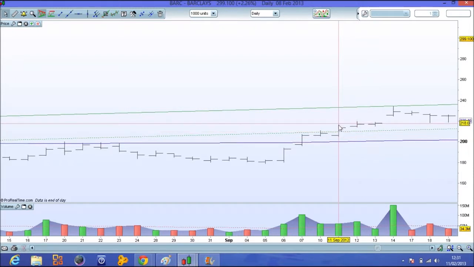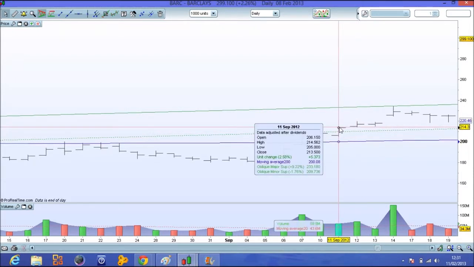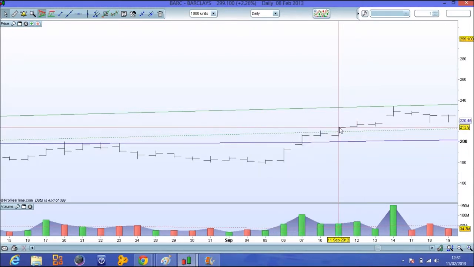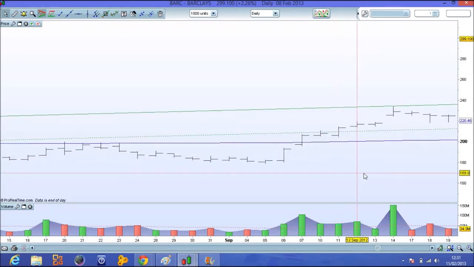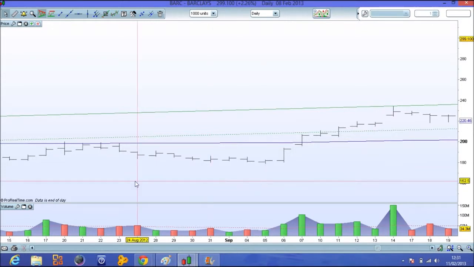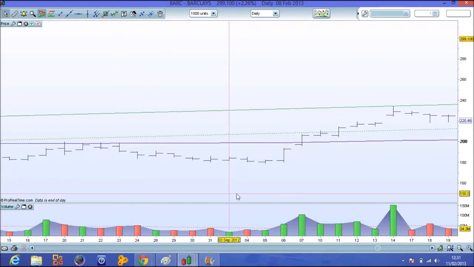Put your cursor on the right hand side of the candle, and it shows you on the right hand side of the screen what price it closed at. Same sort of thing if you have a down day. If you look, it opened at the left hand side of the little stick and closed on the right hand side of the little stick. So it's quite simple.